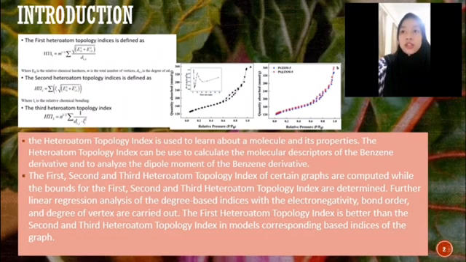For further linear regression analysis of the degree-based index with the electronegative bond order and degree of vertex are carried out. During this project, the first heteroatom topology index is better than the second and third heteroatom topology index in model as it is the corresponding best index of the graph.